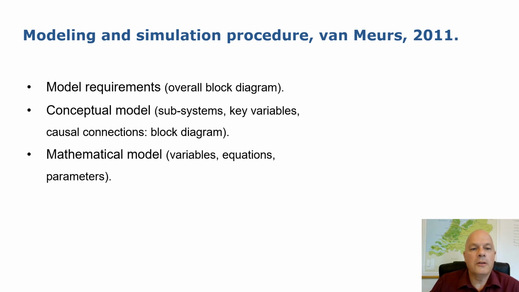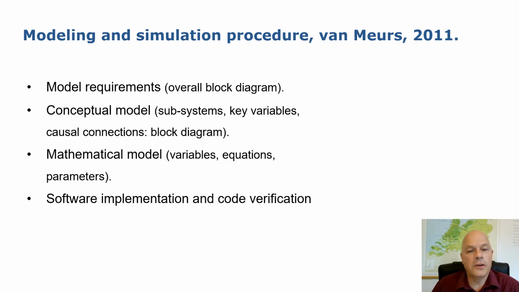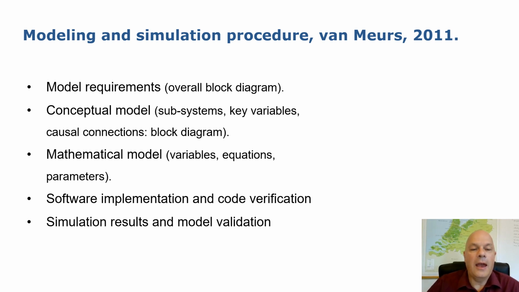Once we have a mathematical model, we can implement it in software: MATLAB, C, Java, Python. An important part of software implementation is code verification. If we don't do that right, our results are not reliable. And once the code is verified, we obtain simulation results and do model validation.